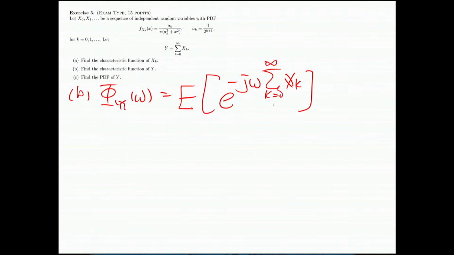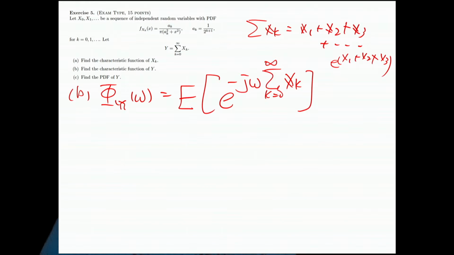So this summation is like x1 plus x2 plus x3 and so on. So in the exponential, x1 plus x2 plus x3 is just exponential x1 times exponential x2 times exponential x3.